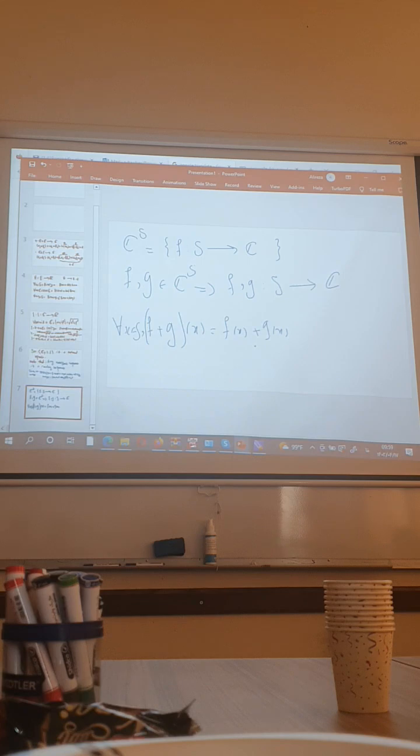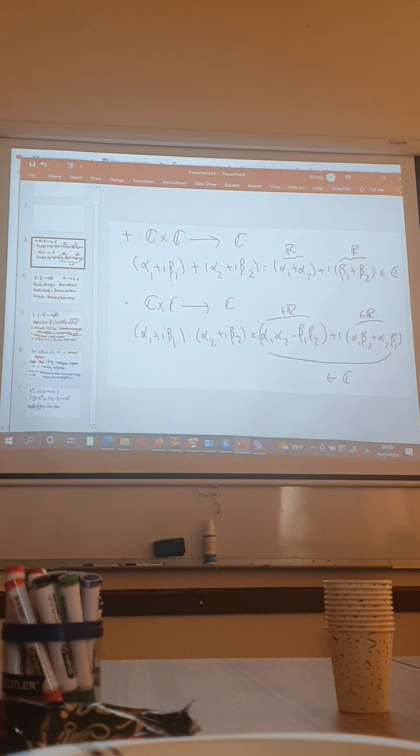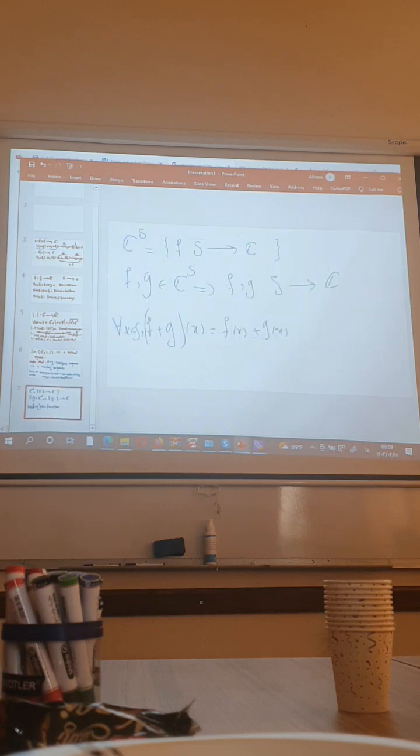These are two complex numbers, and we have the definition of adding two complex numbers, okay? Because this operation is defined in complex numbers, f plus g is a function from S to C, and this shows that f plus g is an element of C^S.